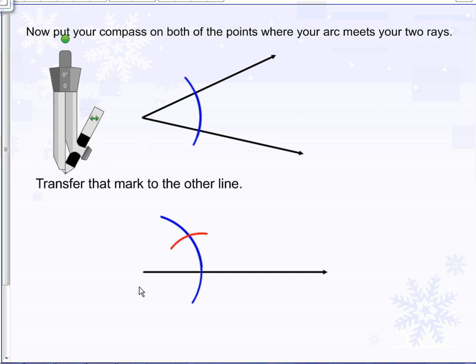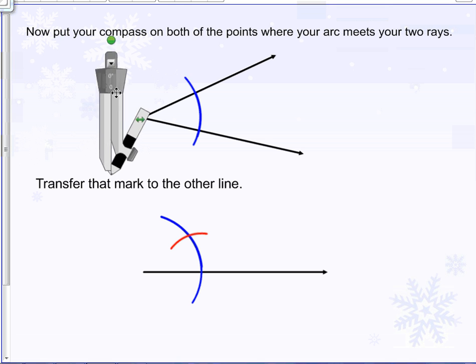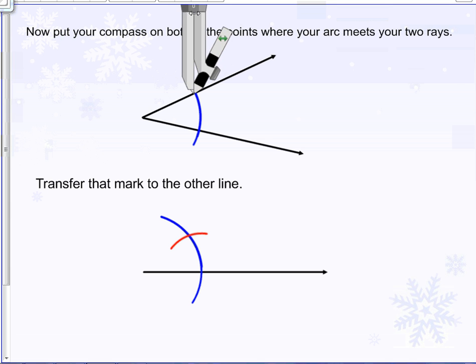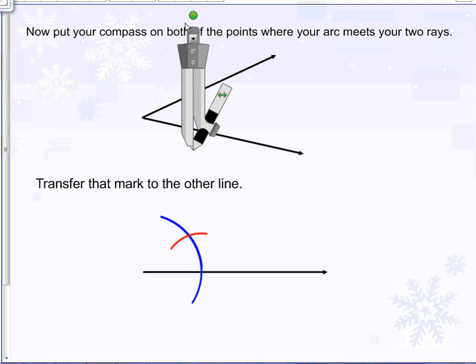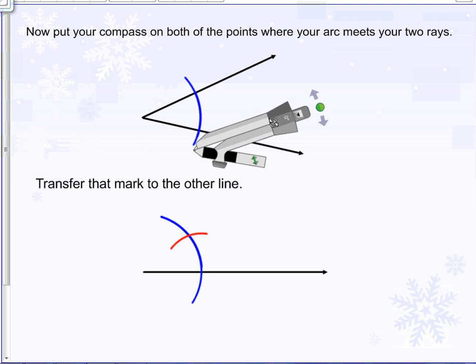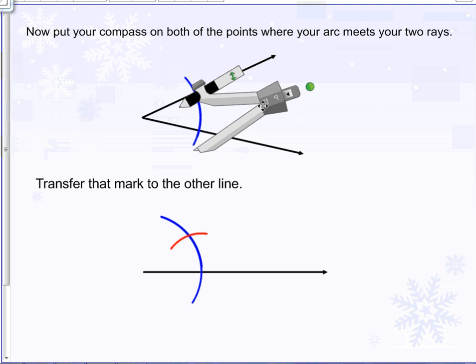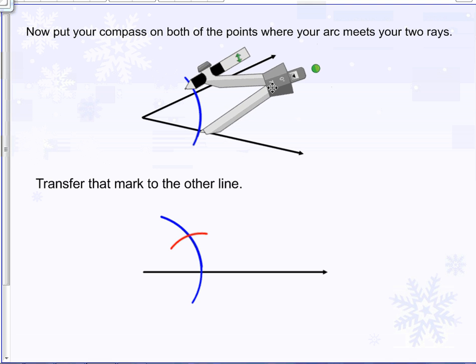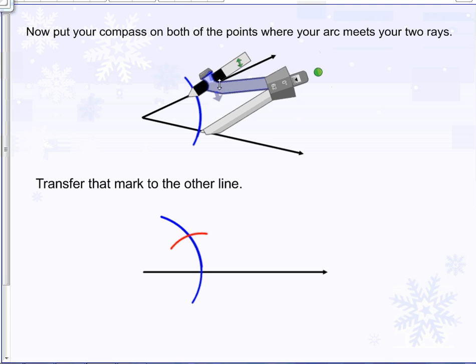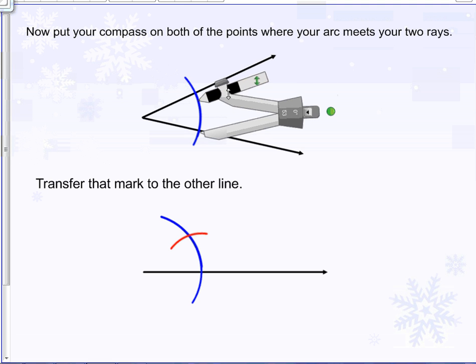All right, the next step is to put your compass on both sides of the point where the arc meets your two rays. So what I mean by that is you are going to put one side here and match it up to the other side of the arc.